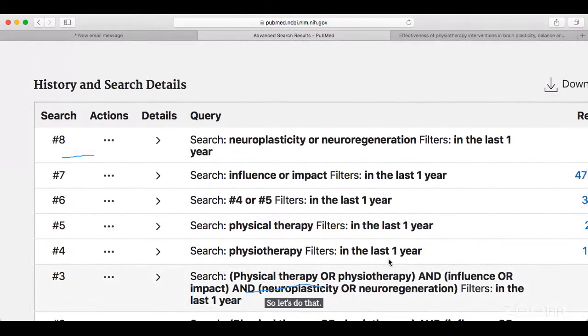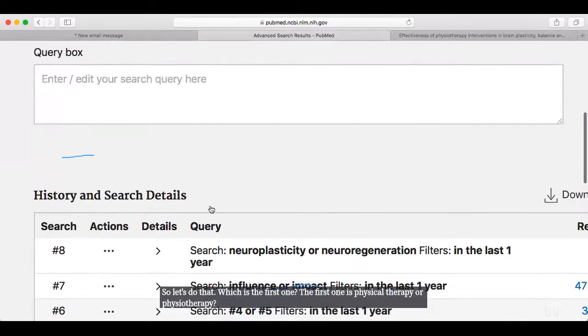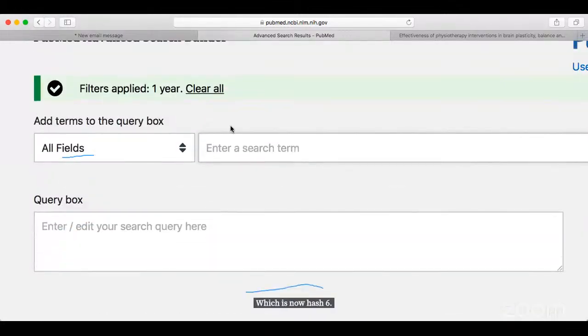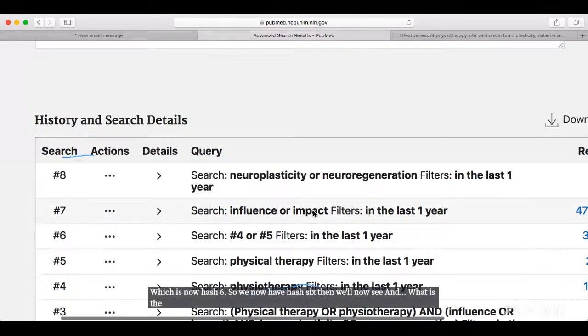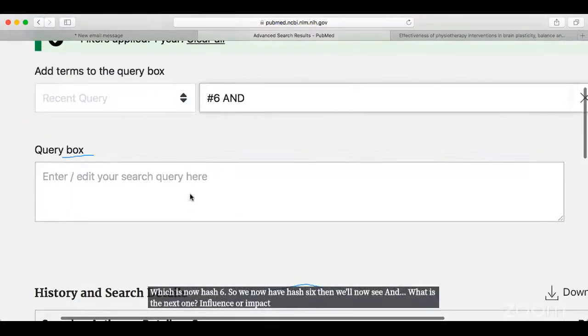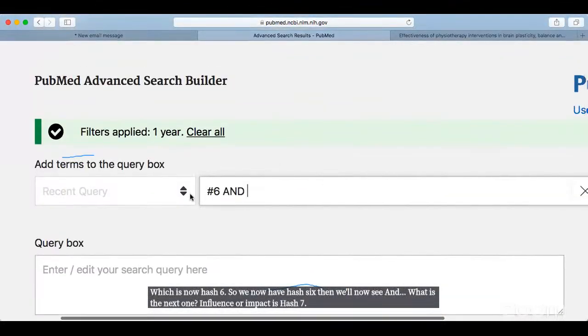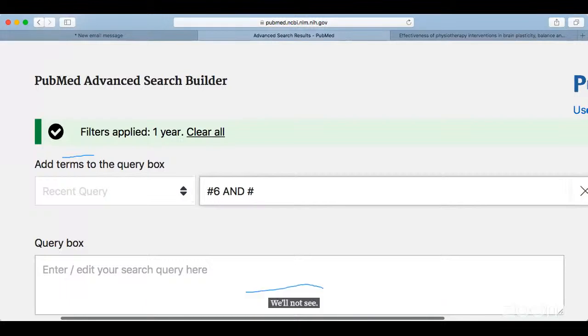Which is the first one? The first one is physical therapy or physiotherapy, which is now #6. So we'll now have #6. Then we'll now say, and what is the next one? Influence or impact is #7. We'll now say #7. Then we'll say, and.